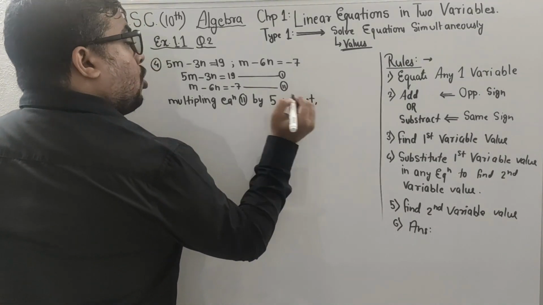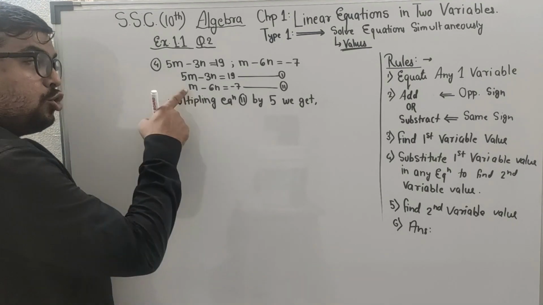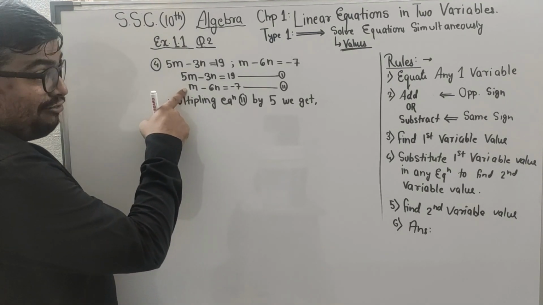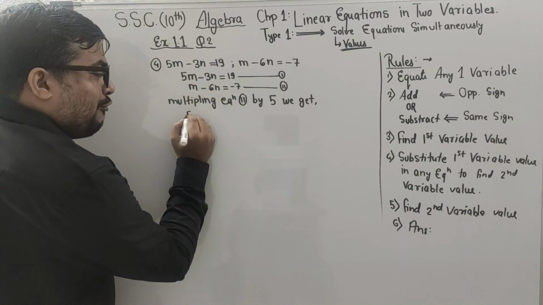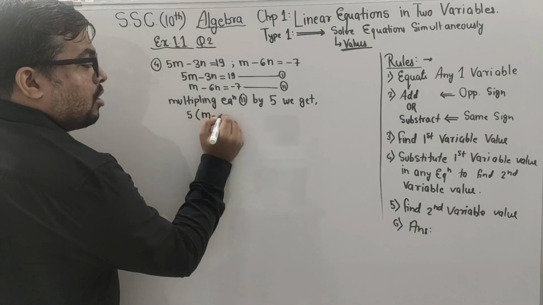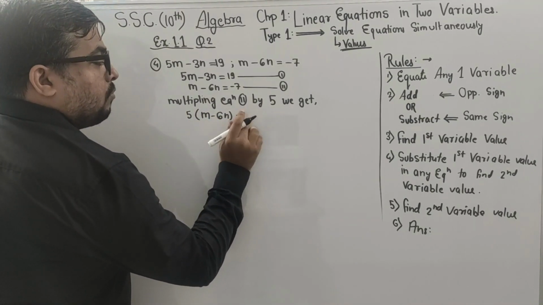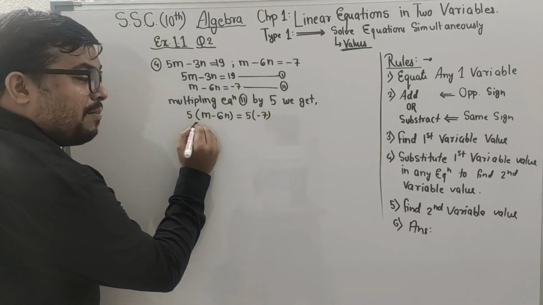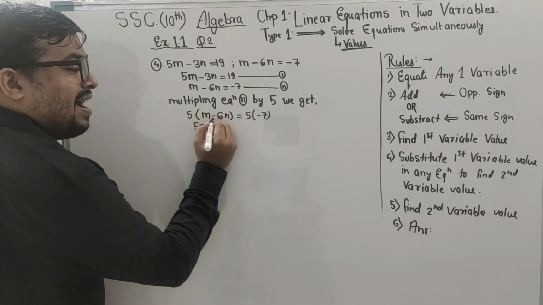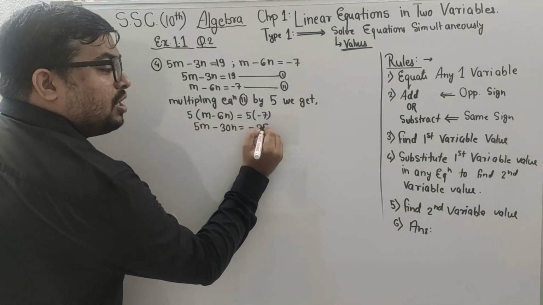We get common. When I am multiplying equation 2 by 5, this will become 5m equal to this. Okay. So 5 multiplying equation number 2, 5 into m is 5m. 5 6s are 30n is equal to 5 7s are minus 35.